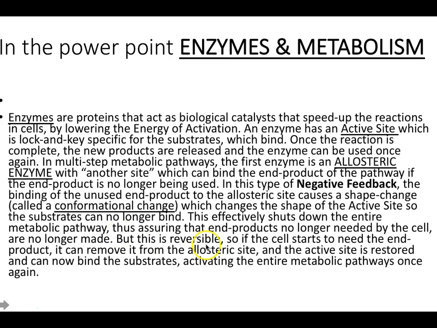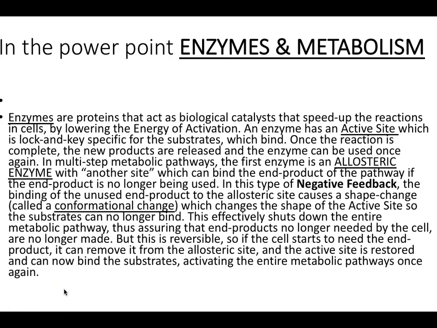But it is reversible, so if a cell starts to need the end product again, it can remove it from the allosteric site, and the active site is restored and can now bind the substrates, activating the entire metabolic pathway once again.